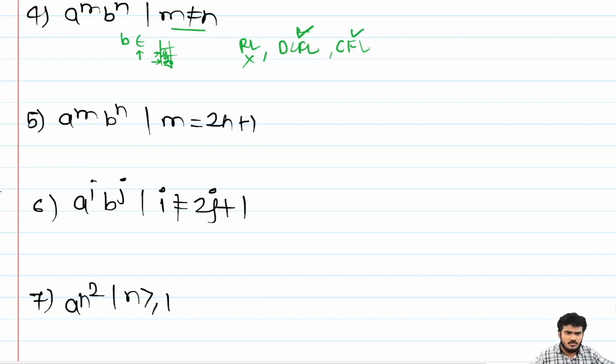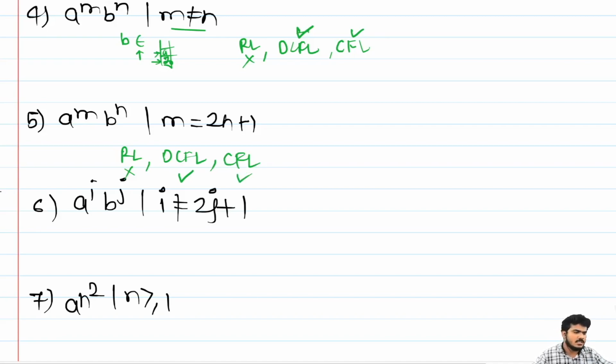So forming a deterministic PDA is possible for this language. We can say that this is not a regular language, but it is a DCFL, because we can design a deterministic PDA for it. And if this is a deterministic context free language, then it is also a context free language.